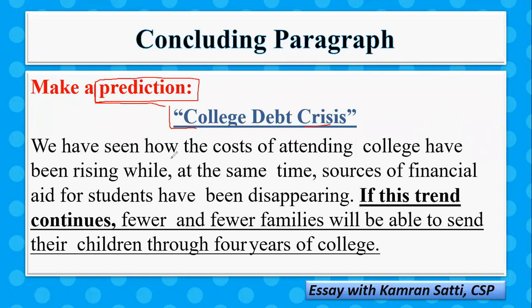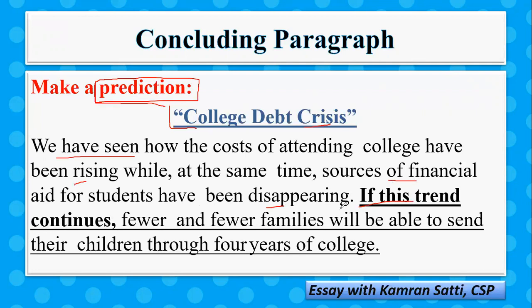We have seen how the costs of attending college have been rising. At the same time, sources of financial aid for students have been disappearing. If this trend continues, now this is a prediction.